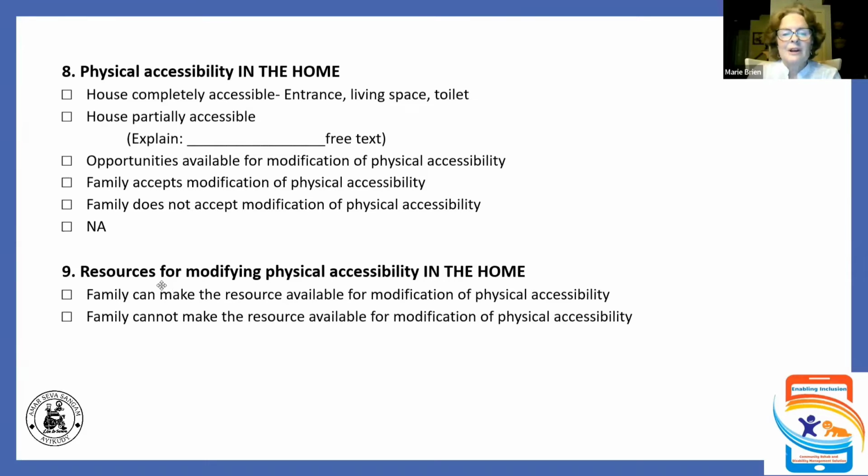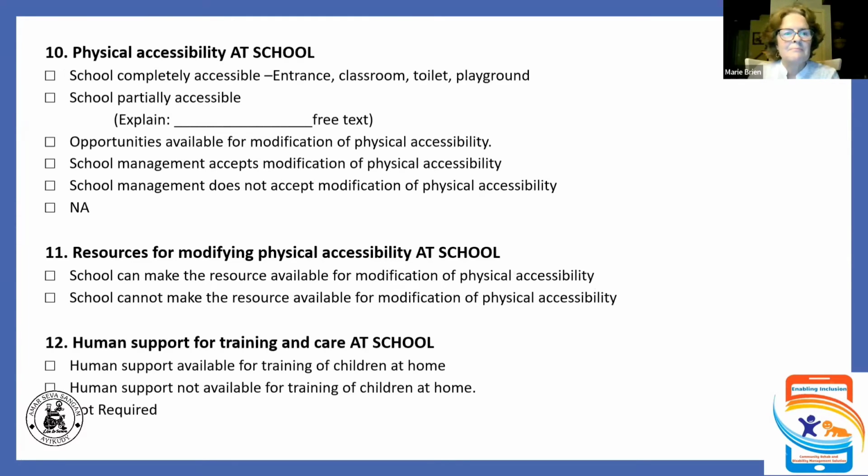And we look at whether or not they have the resources for modifying their home for the physical accessibility. So here we're incorporating both attitudinal, economical factors, and the physical environment.